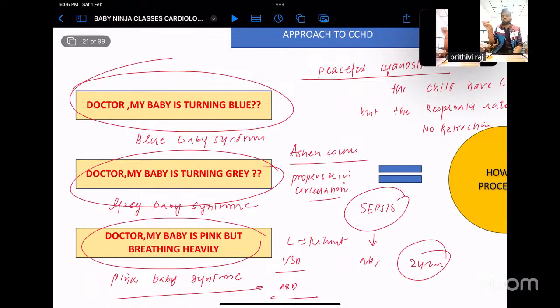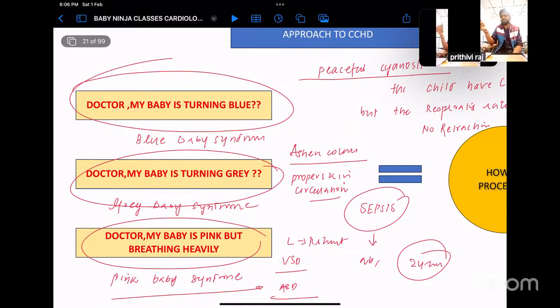You have to rule out sepsis by doing the relevant investigations and start empirical antibiotics. Still, after giving appropriate antibiotics, if the child is not improving, then that should knock your mind that the child may be having some duct dependent systemic circulation or cardiomyopathy or cardiac arrhythmias, which is causing cardiac failure, leading to low cardiac output, and as a result, the skin circulation is poor. So that is one thing which you see when some child is in shock.